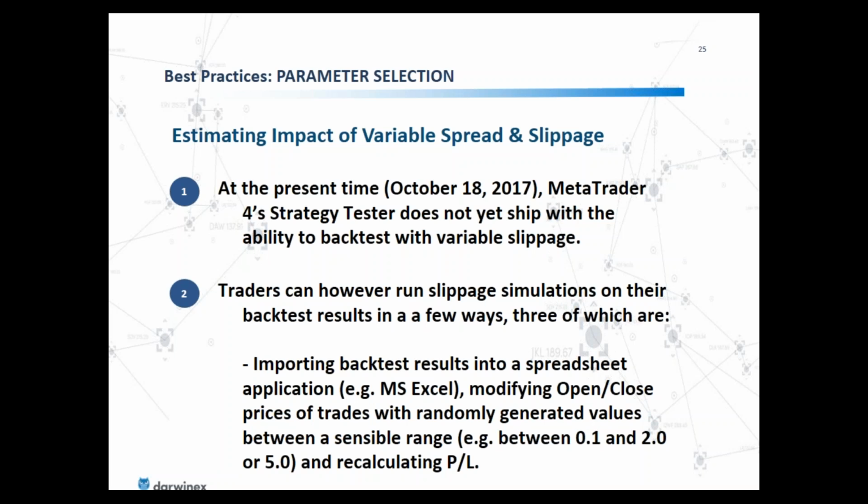You simply copy paste your results into MS Excel, modify the open and close prices of these trades with, say, randomly generated values between a sensible range, say between 0.1 and 2 or 0.1 and 5, and finally recalculate your P&L. So what you've effectively done is created your own variable slippage tester by simply copy pasting your results into Excel and allowing Excel to recalculate with randomly chosen differences, as I just mentioned.